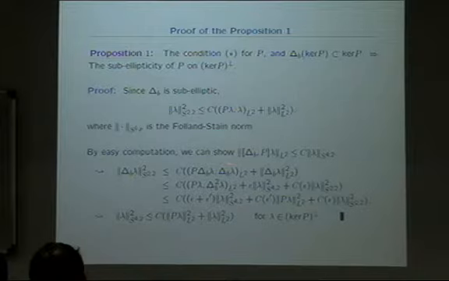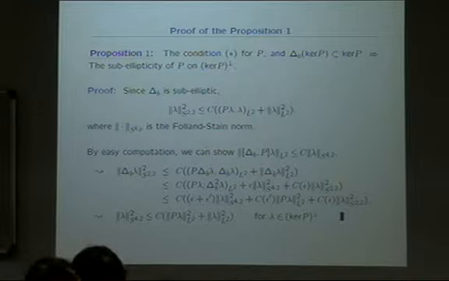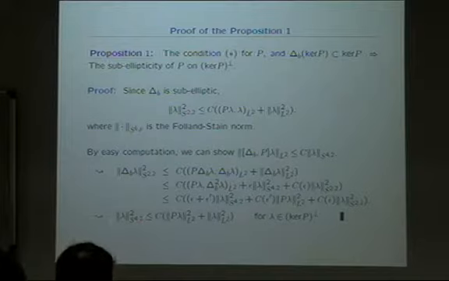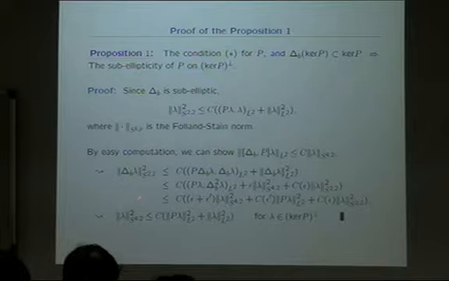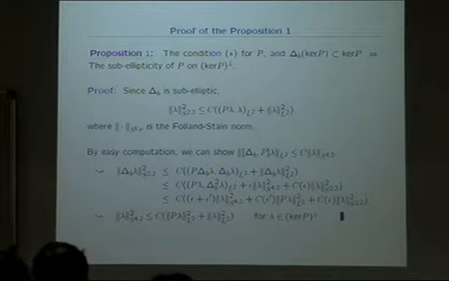After computation of the commutator of the sub-Laplacian and the Paneitz operator, using this condition for kernel P, we can finally get this inequality for lambda, which is orthogonal to kernel P. And because P is a first order differential operator, this estimate for the first order Folland-Stein norm is subellipticity of the Paneitz operator. So this completes the proof of proposition 1.